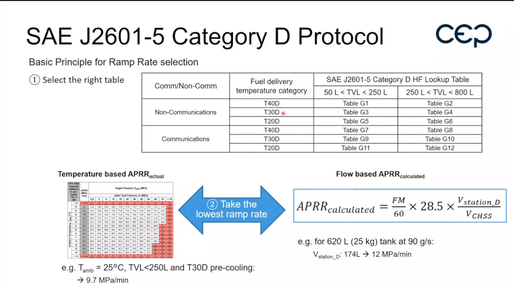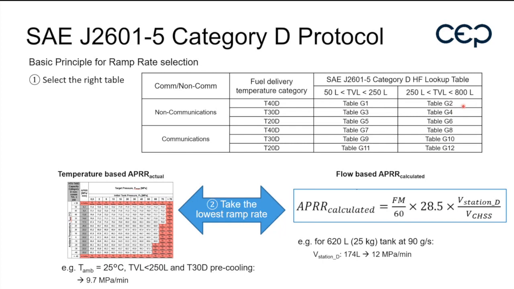The D means that you can always go to -40. So this means -26 to -40 or -17.5 to -40. But then you need to choose the table depending on your TVL, the largest tank. These tables will have slower fueling than these tables.